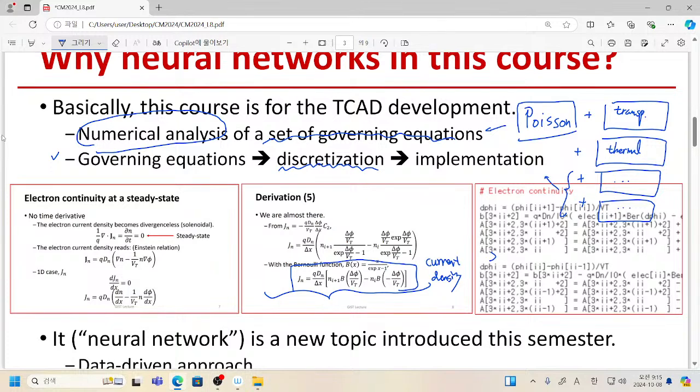If you follow other ways, then maybe you will have certain problems in having a stable solution. Once you have your proper discretization scheme, the next step would be programming.